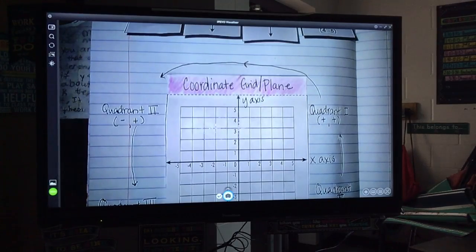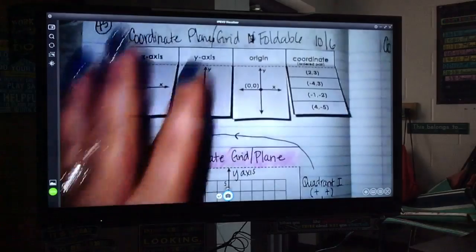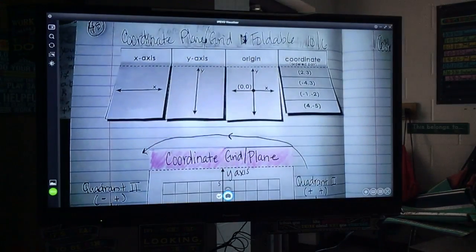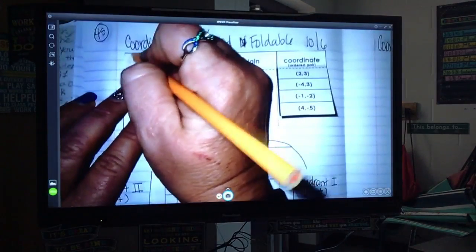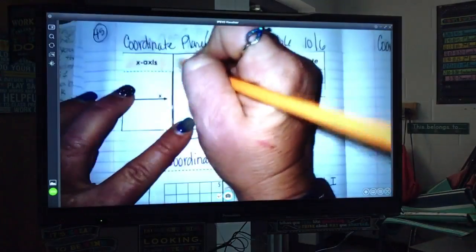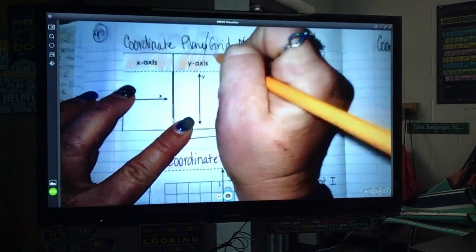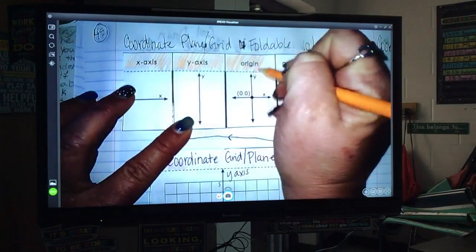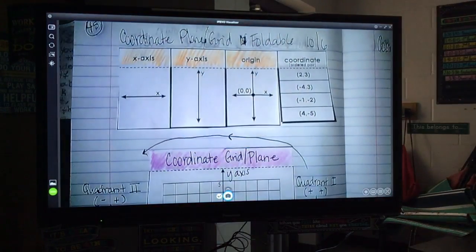All right, let's go ahead and slide up to these 4 right here. So for the top 4, 3 of them, you're gonna color the exact same color. So your x-axis, your y-axis, and your origin. Why do you think those 3 are all essentially kind of together?